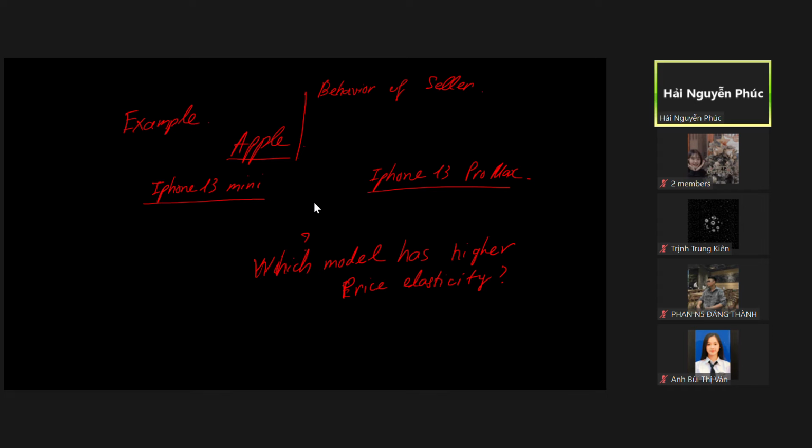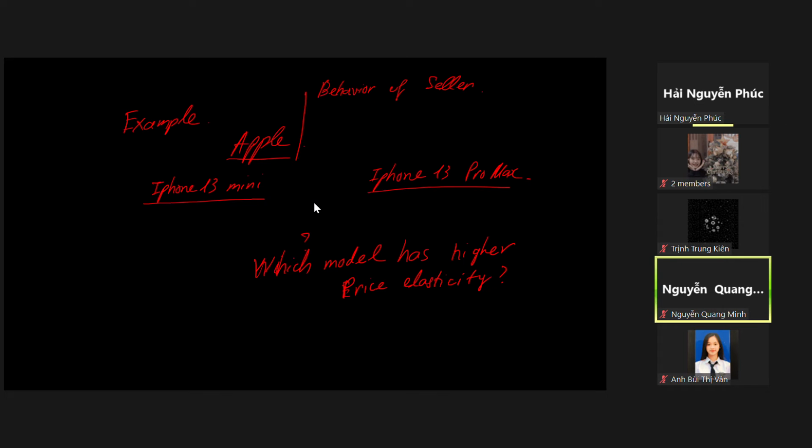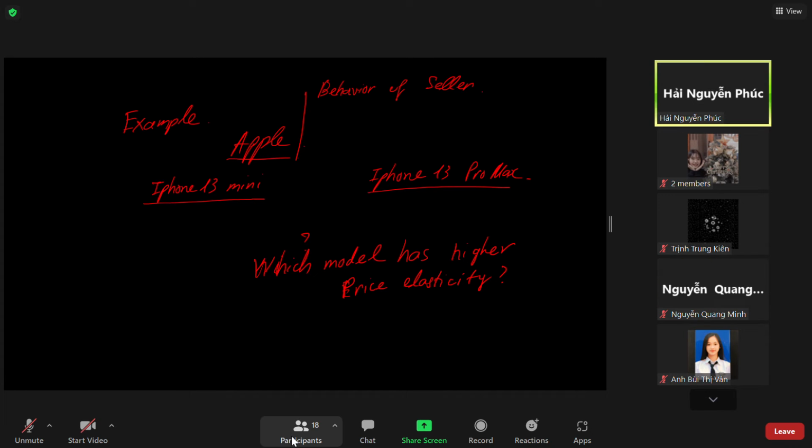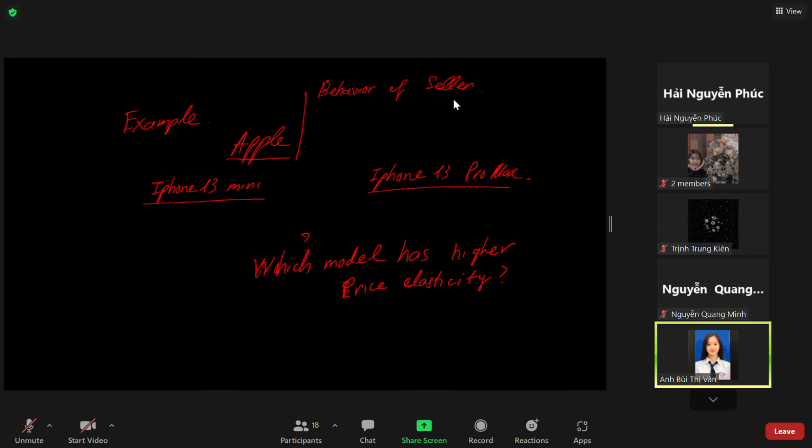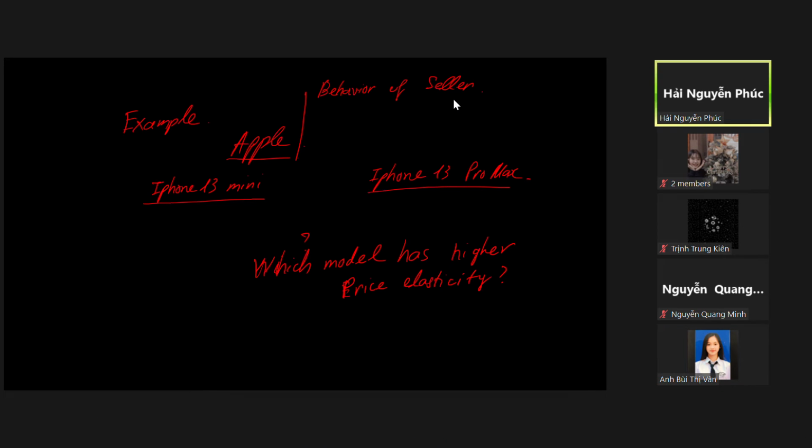Tức là với những hàng hóa được coi vào phân khúc cao hơn, phân khúc xa xỉ, thì cầu thường co giãn nhiều hơn. Học vi mô có nhớ điểm này không nhỉ? Tức là với hàng hóa xa xỉ, for luxury goods thì cầu sẽ co giãn theo giá nhiều hơn.